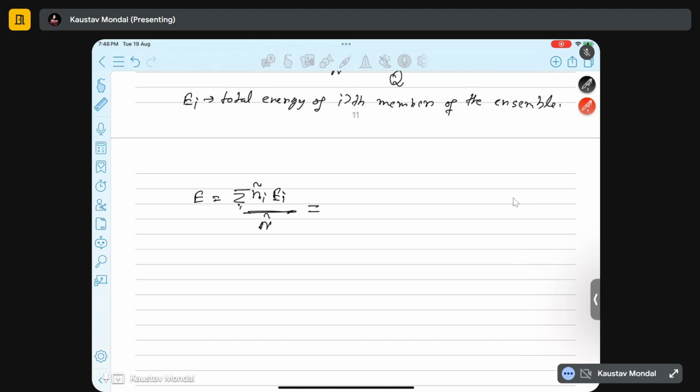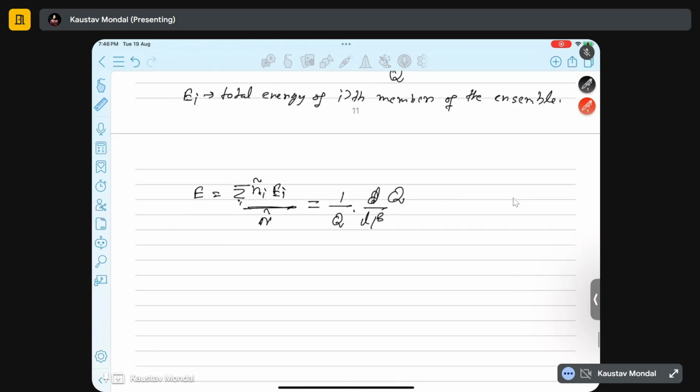So this basically gives you a similar kind of value, which is 1 by Q into del d beta of e to the power minus beta Ei, which is nothing but the Q, yeah, the capital Q. You can write it like this.